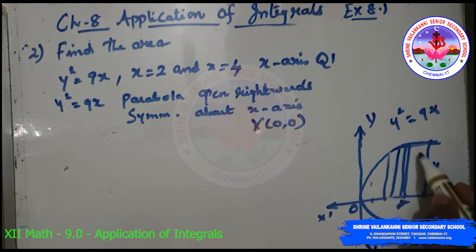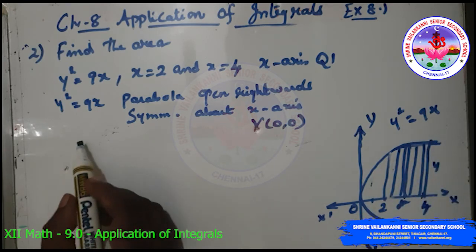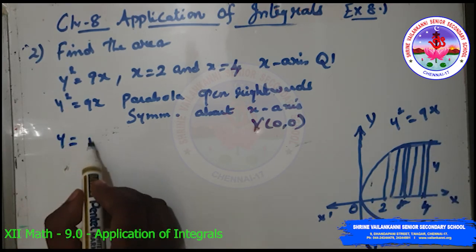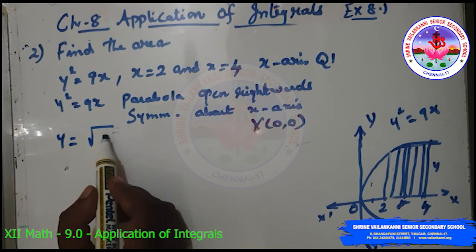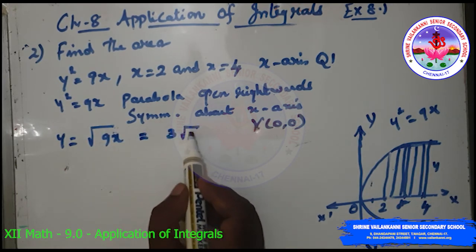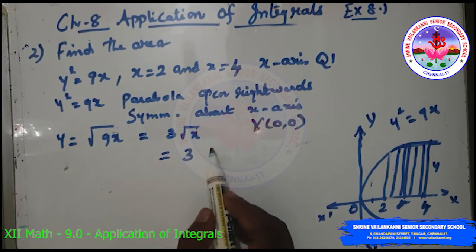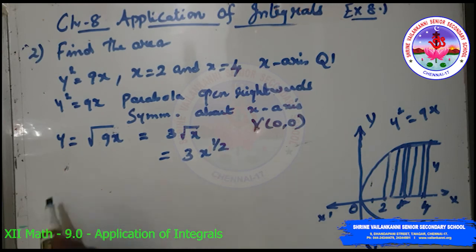So we have to find this area of the bounded region. So x equal to 2 and x equal to 4, y square equal to 9x. So y equal to root 9x, which is equal to 3 root x. So root x we can write as 3 into x power half.